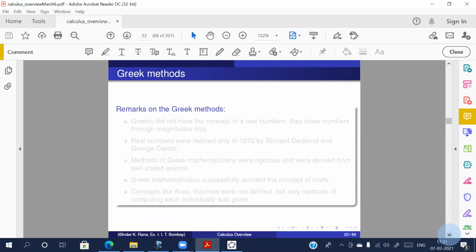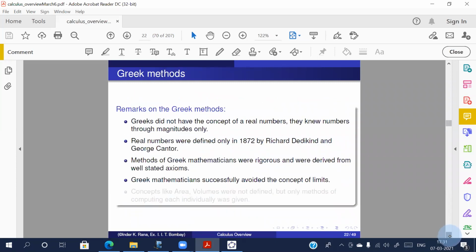Okay, so let us just summarize the works of Greek mathematicians. They did not have the concept of real numbers. They used only magnitudes for numbers. It was done later by Dedekind and Cantor in 1872, about 2000 years later than Archimedes.